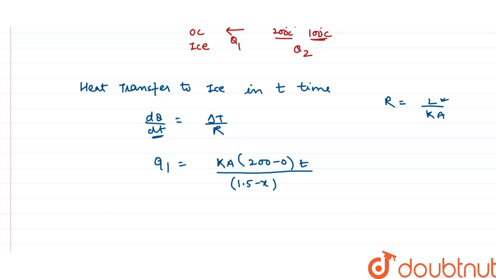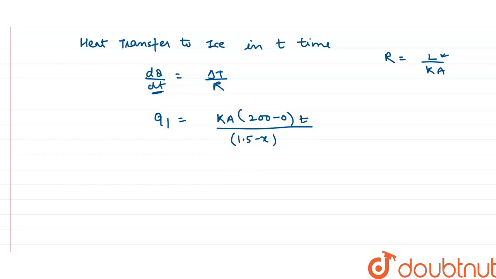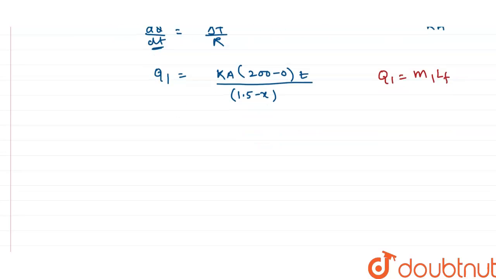Now we know that heat transfer to ice, Q1, can also be written as the latent heat, so I can write m1 LF, latent heat of fusion. Now both heats are equal, so I can equate both. So we will get KA 200t upon 1.5 minus x equals m1 into the latent heat of fusion, that is 80 calorie per gram.